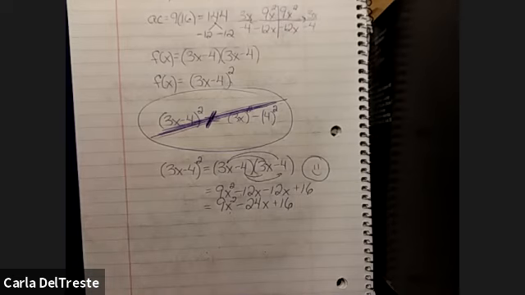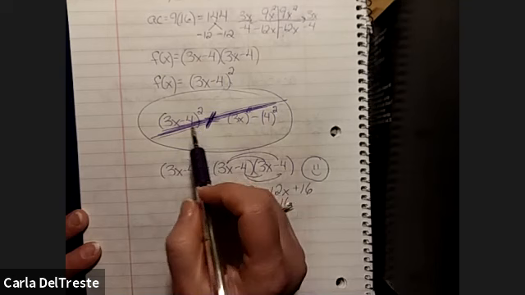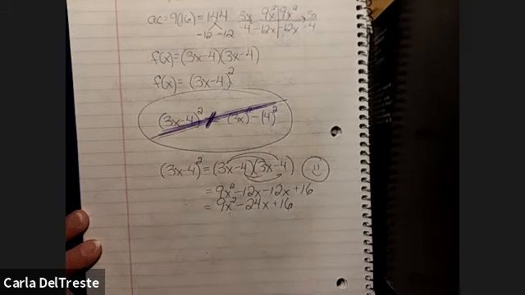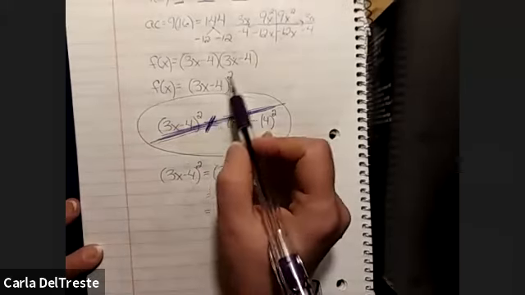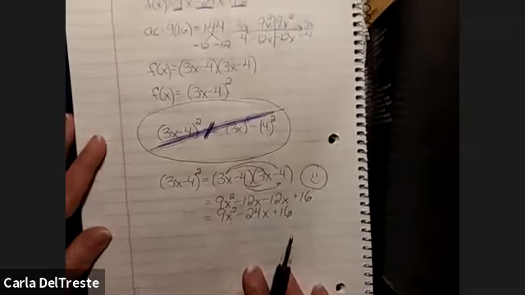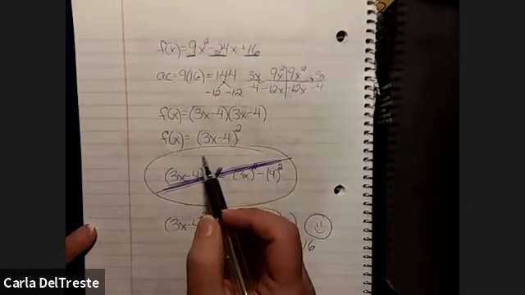So please make sure that you don't fall into this very common mistake. You have to remember that your exponent rules only work for multiplication. So that's one special case. This is actually called perfect squares.